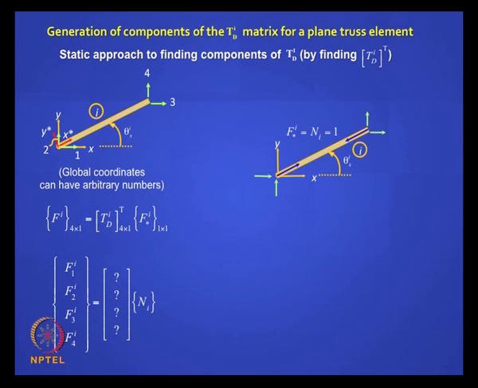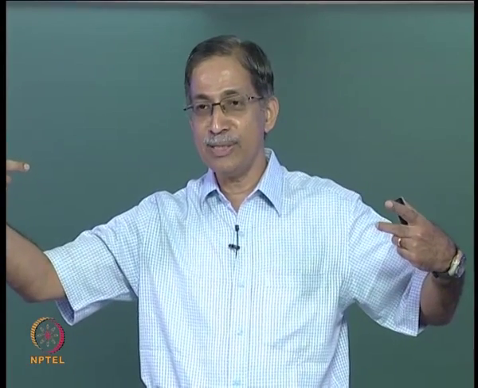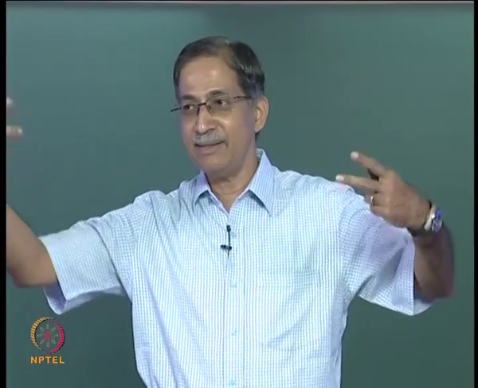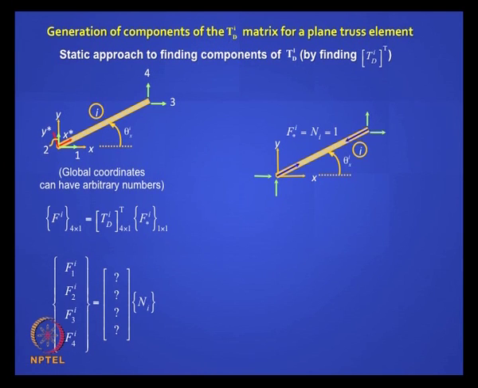That means if I take this structure and imagine I have a bar and I have a unit axial force in that bar, what are the load components that I get at the two ends of the bar which will satisfy equilibrium? That is a static approach. Can you tell me what these 4 components are? What should this force be equal to?